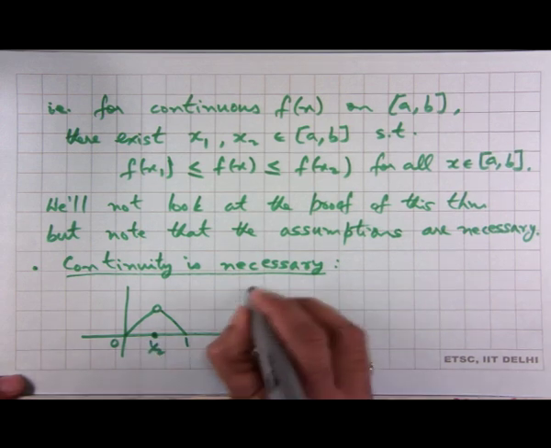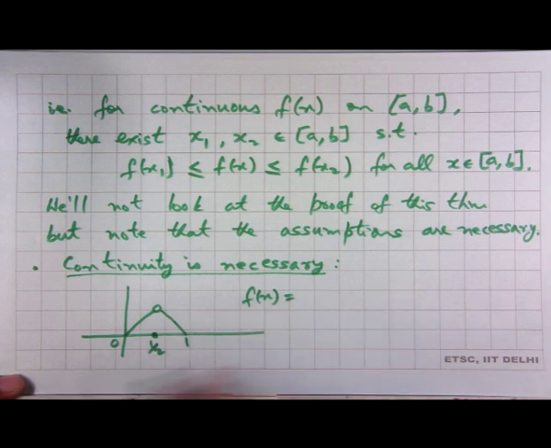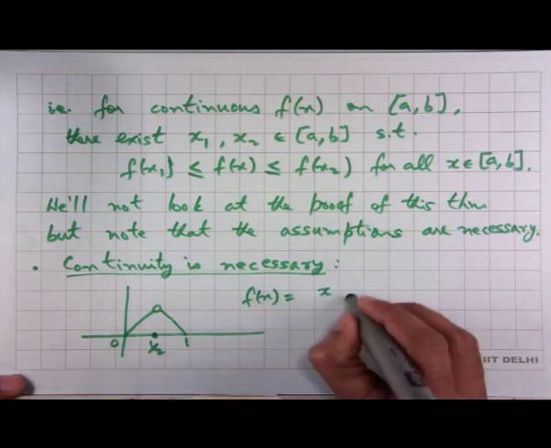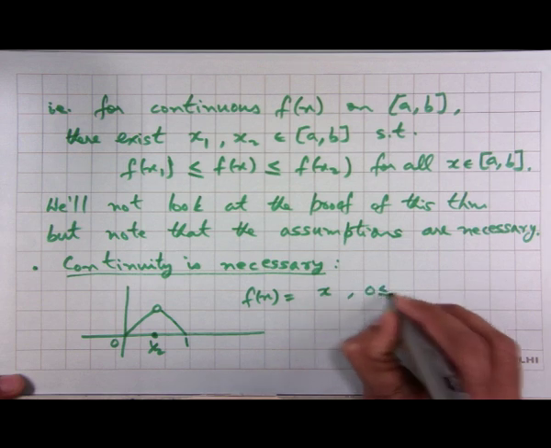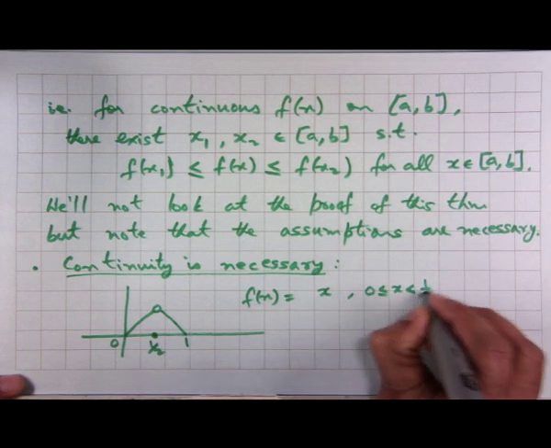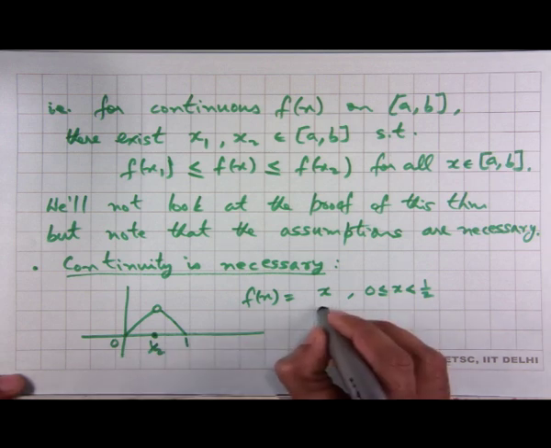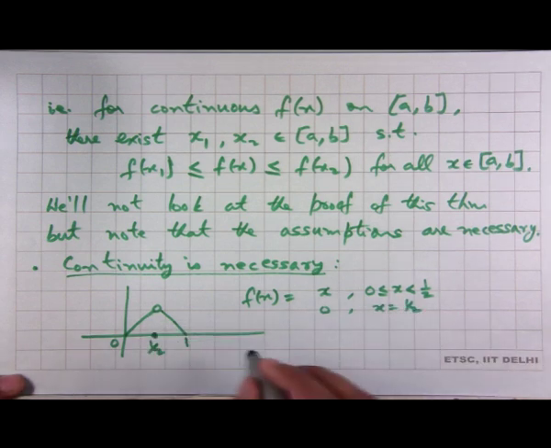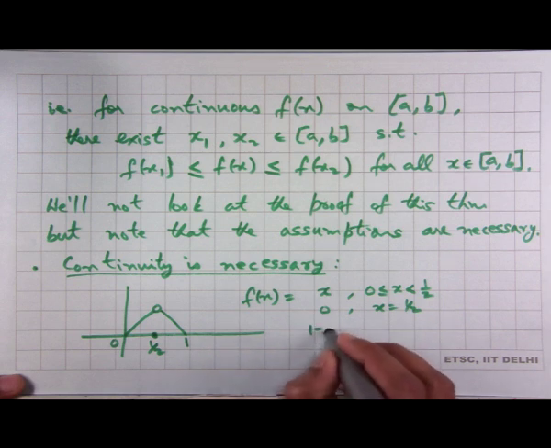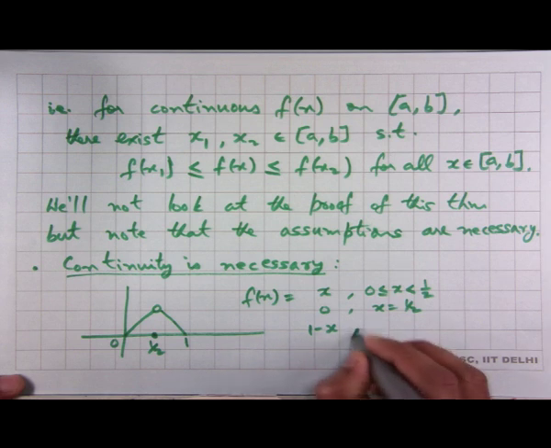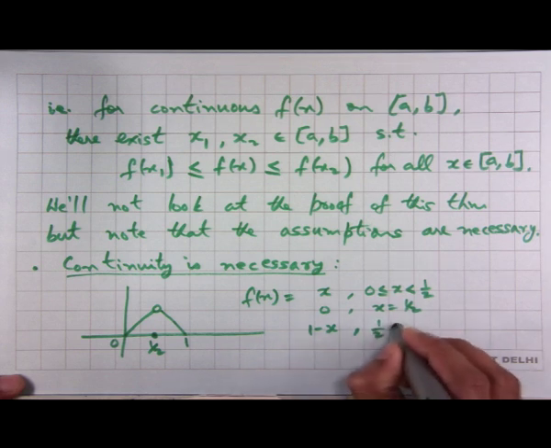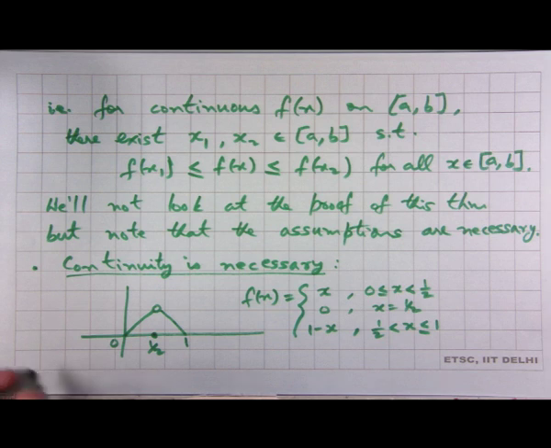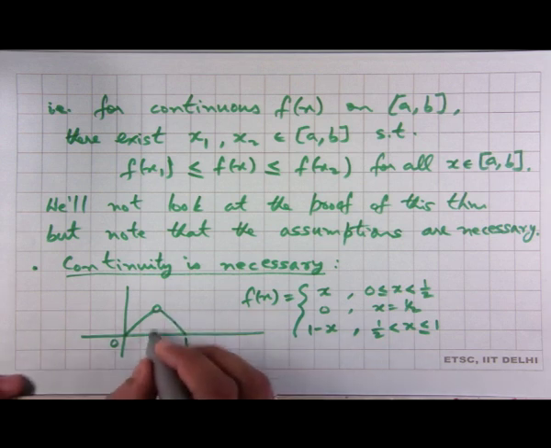So, f of x is equal to x for 0 less than or equal to x less than half, and this is equal to 0 at x equal to half, and then this is 1 minus x if x is bigger than half and less than or equal to 1. This function is discontinuous at half.